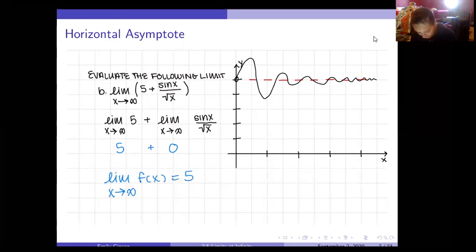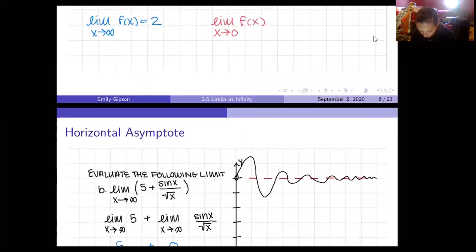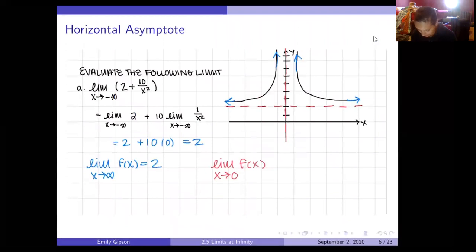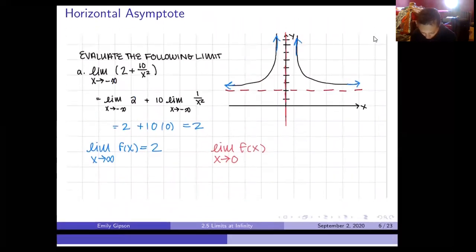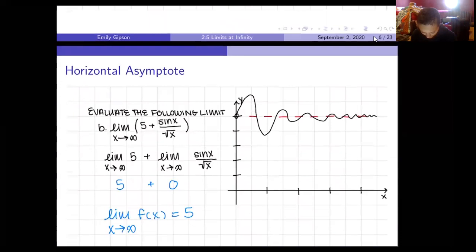But note that our function does achieve the value of 5 as it passes through: when sine of x evaluates to 0, that term goes away. But that's not the point. The point is that we can have horizontal asymptotes that look very different from one another. Here we've got one where our function crosses it multiple times, but the limit approaches it, and we never settle on that value in the end. And we've also got one where we approach it, but we never cross that line even once. So those are 2 different types of horizontal asymptotes that you may see.